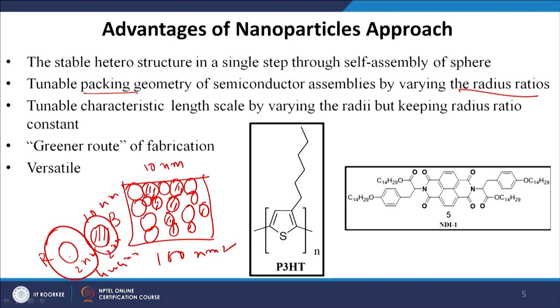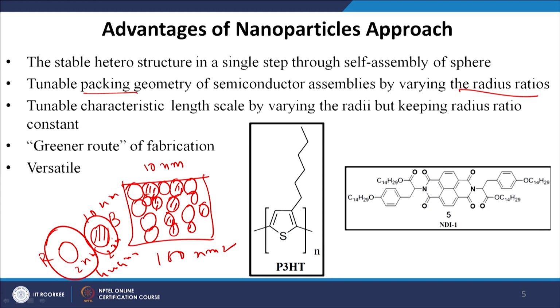I can increase the red ball to 10 nanometer and keep the blue ball as 2 nanometer. In that case, the ratio will be 5:1. So, if I change the relative radius ratio between the two spheres, then also we can change the packing, we can change the characteristic length scale.